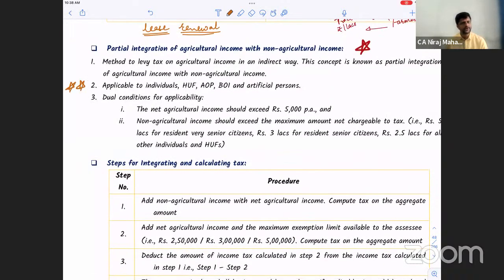It is applicable only to individuals, HUF, AOP, BOI, and artificial persons. So this scheme is not applicable to firms, LLPs, etc. Companies and LLPs are not allowed to do any kind of direct agricultural activities. Pure agricultural income, they don't do. Okay, fine. We'll go ahead.